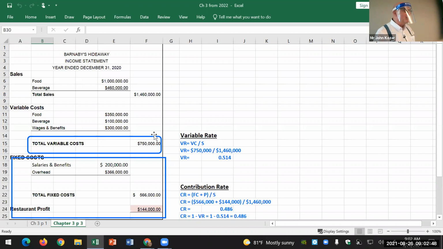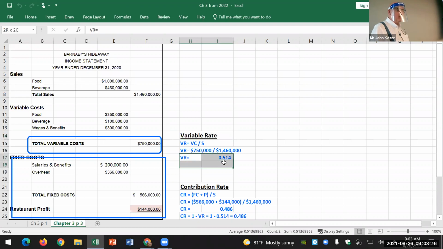There are two new things we're going to learn how to calculate here. The variable rate is our variable cost, in this case $750,000, divided by our sales, which is 1.46 million.